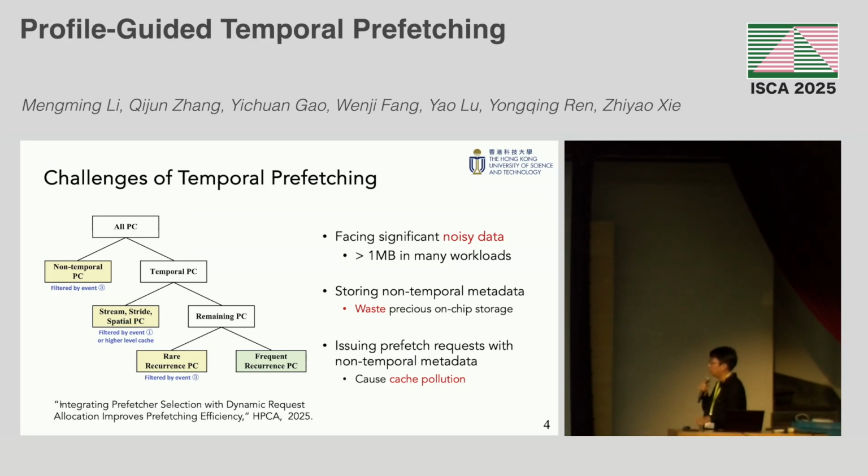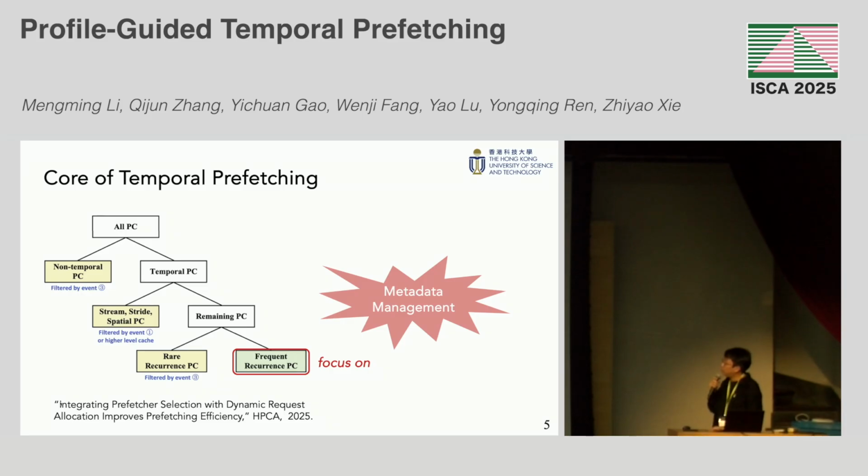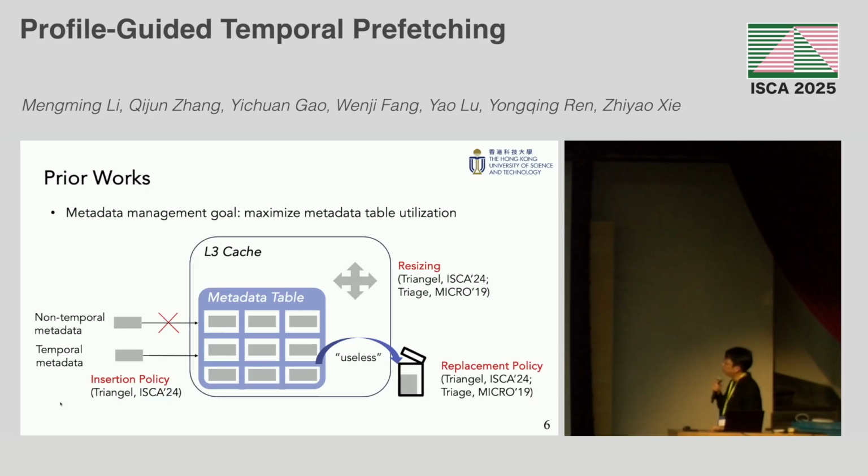And if we issue prefetch requests with this non-temporal metadata, we will cause cache pollution. As a result, the core task of temporal prefetching is metadata table management. In other words, we should only make temporal prefetching focus on the frequent recurrence PCs.